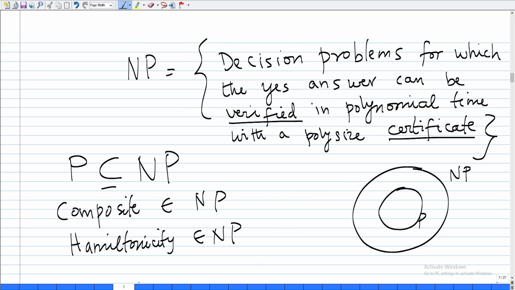Now, since you can test whether a number is prime in polynomial time, in fact, compositeness is also in polynomial time, right? Why? If it is not prime, it is composite. So, here is an interesting observation. If L is in P, then L bar is also in P, right.